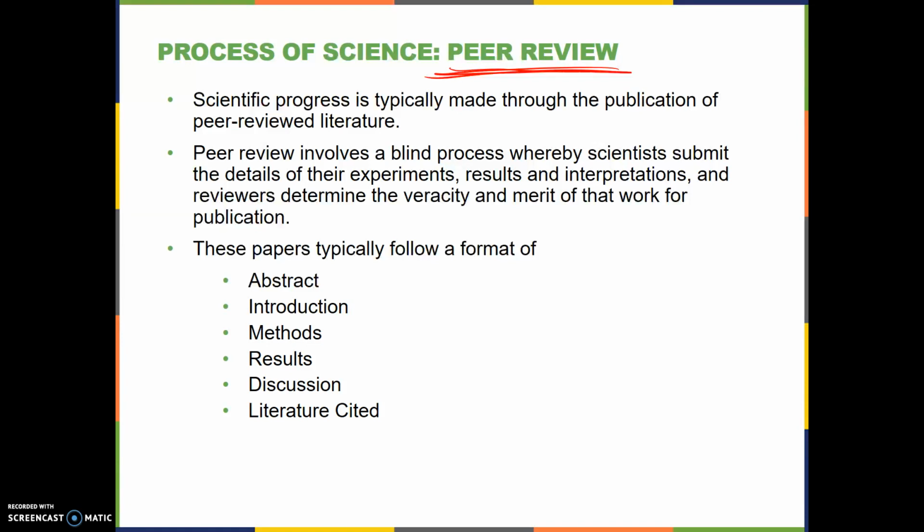So peer review involves a blind process whereby scientists submit the details of their experiment, results, and interpretations, and reviewers determine the veracity and merit of that work for publication. These peer-reviewed papers will typically have an abstract, which is like a summary, and then they'll have an introduction and their methods, which explain how the experiment was conducted.